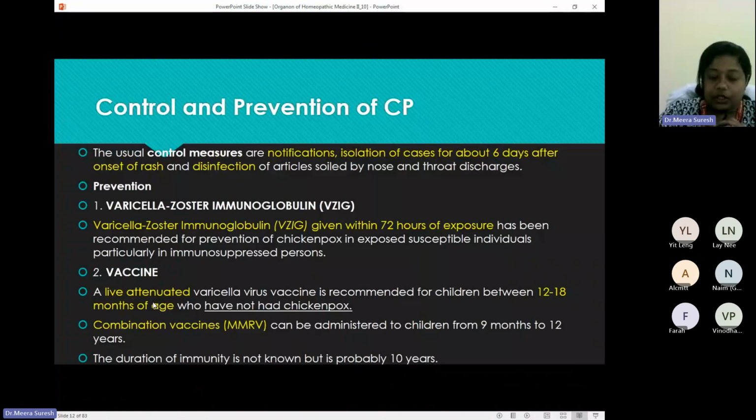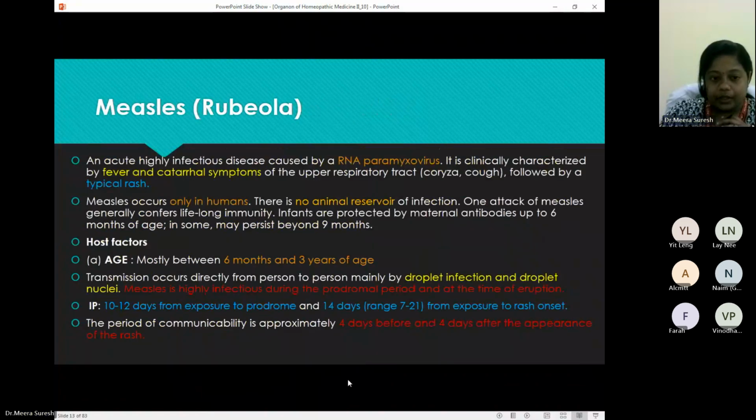This is not a mandatory vaccine as suggested by the government, not in Malaysia and not in India also. So, though there is a vaccine, it is not generally advised to take this vaccine separately. Maybe nowadays, I don't know whether it is given as MMRV. I'm not sure about it nowadays, but usually it is not given individually. The duration of immunity is not known, but is probably 10 years.